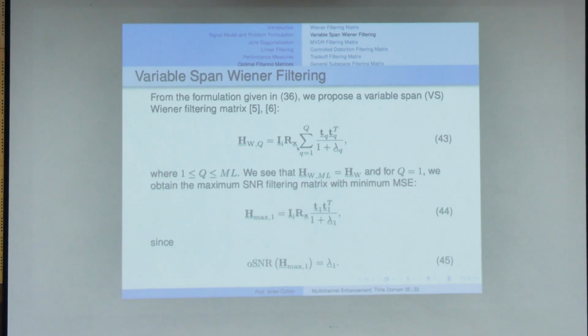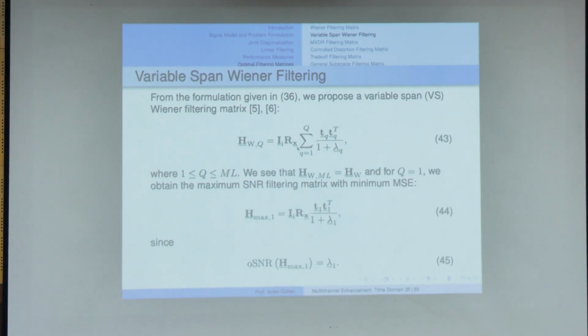So we have actually many possible ways to get filtering matrices that maximize the SNR. So if we take Q equals 1, it is one of the solutions, because we see the output SNR is the maximum possible. And this one is the maximum SNR filtering matrix with minimum MSE.